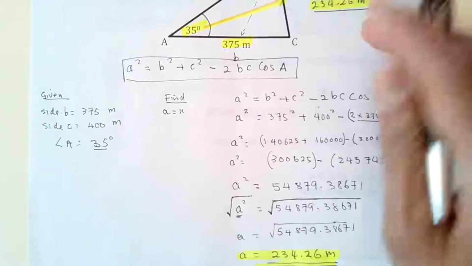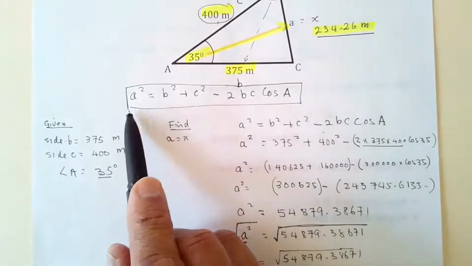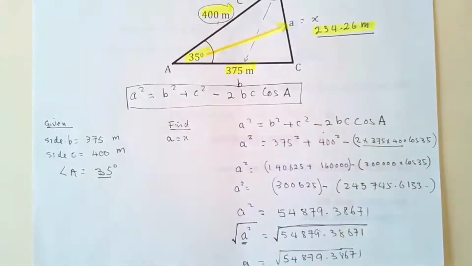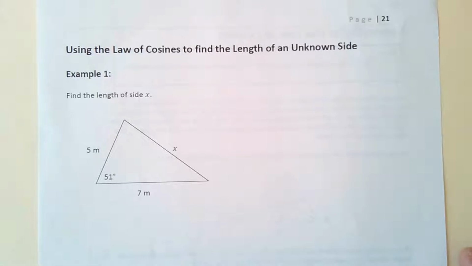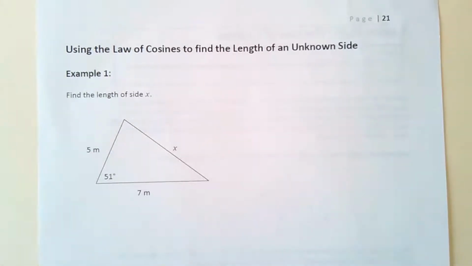So whenever we know two sides and the angle in between, we're focusing on the cosine rule. Let's look at the examples in your booklet on page 21. The first example asks you to find side x.